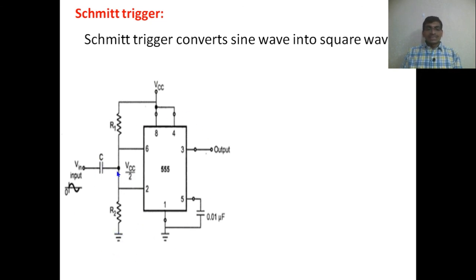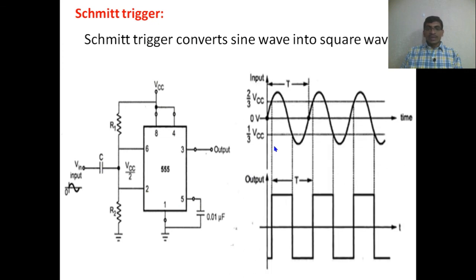Here the only change is that the second and sixth pins are tied together and given the input sinusoidal signal through a capacitor C. As we are using the capacitor C, only the AC signals will enter the sixth and second pins. So here this sinusoidal signal is the input signal applied to the second and sixth pins, and based on that we will get the square wave at the output.